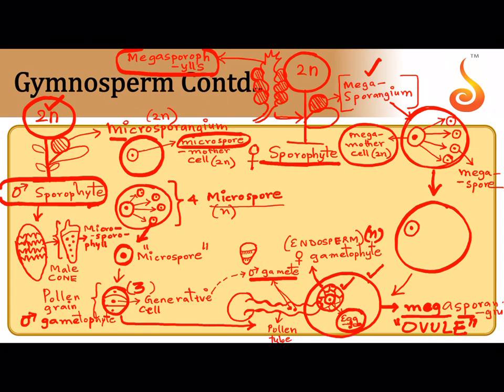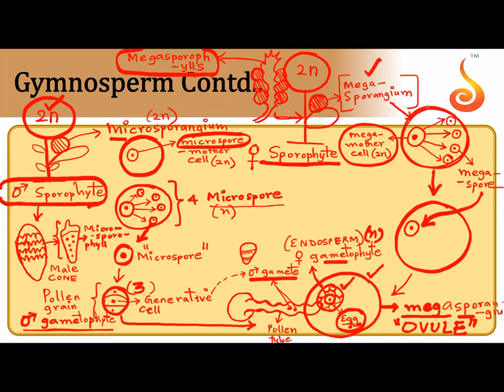Here they are called microspore. Microspore becomes a pollen, which is a male gametophyte, highly reduced pollen with 3 cells. Megaspore decides to sit inside. It is not coming out of the megasporangium or the ovule, and inside only it develops into a female gametophyte or endosperm, which has the female gamete.